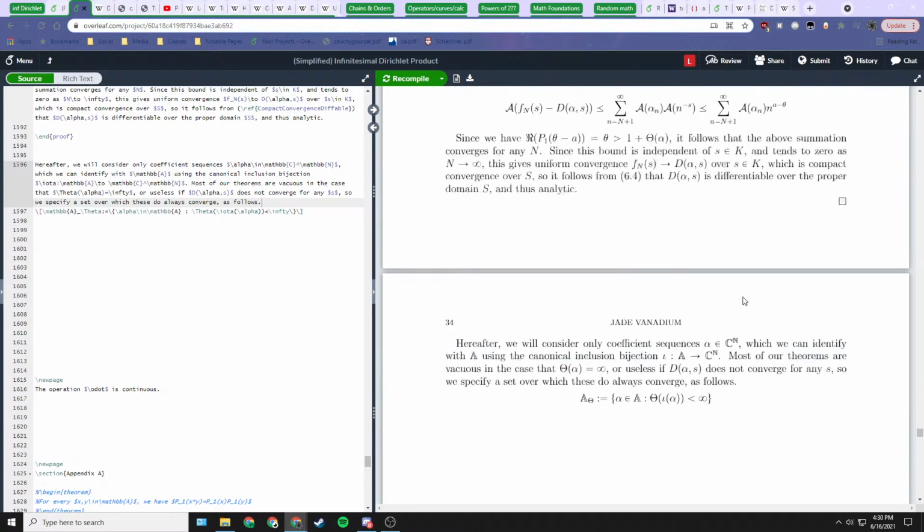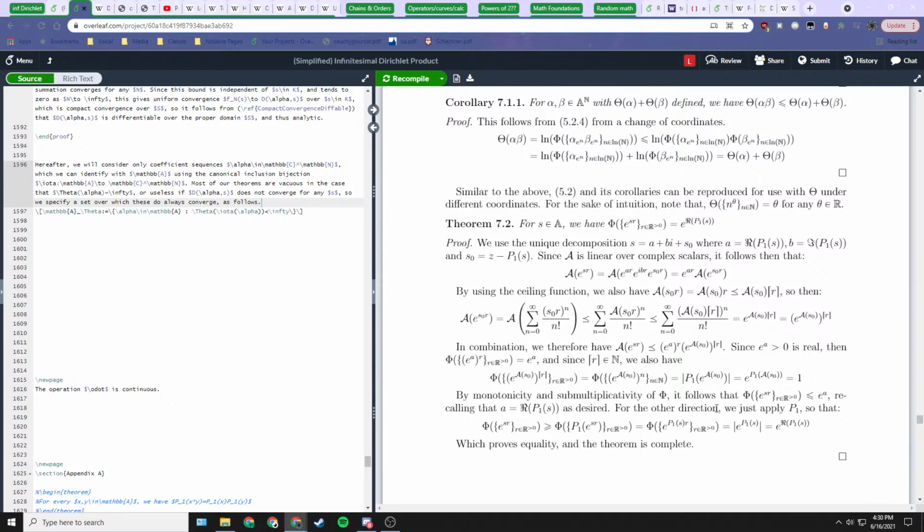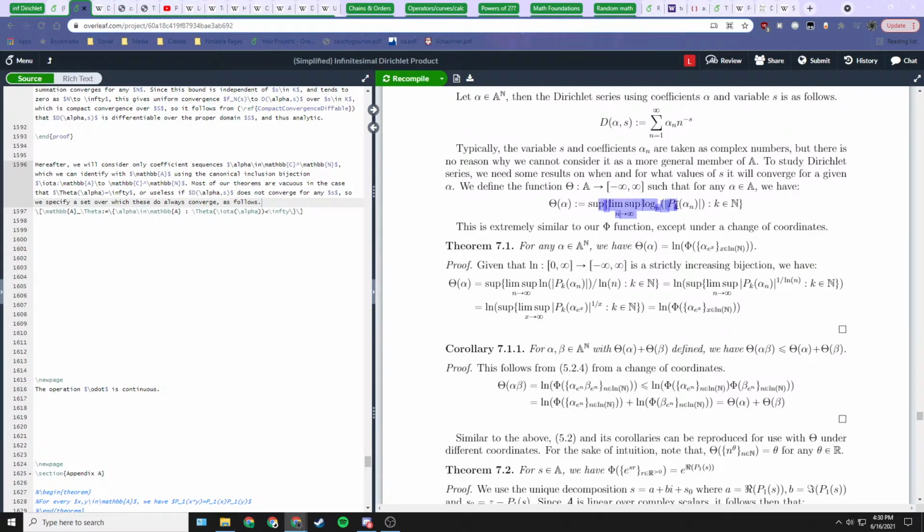Previously we were considering our theta function, let's go back to the definition, right here. Our theta function is attempting to compare alpha to a polynomial, by taking its projection on each index and figuring out how this sequence grows on each projection.